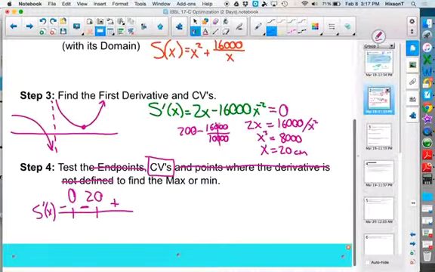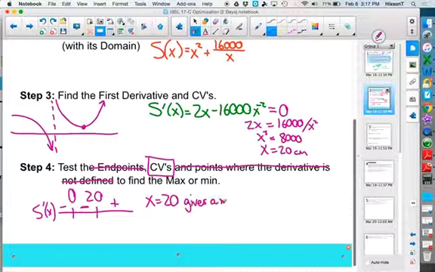Well, that's 1.6. So 200 minus 1.6 is positive. So I know it's positive. Now we've tested it and we've proven that x equals 20 gives a min point. And this graph right here is what this thing would look like.